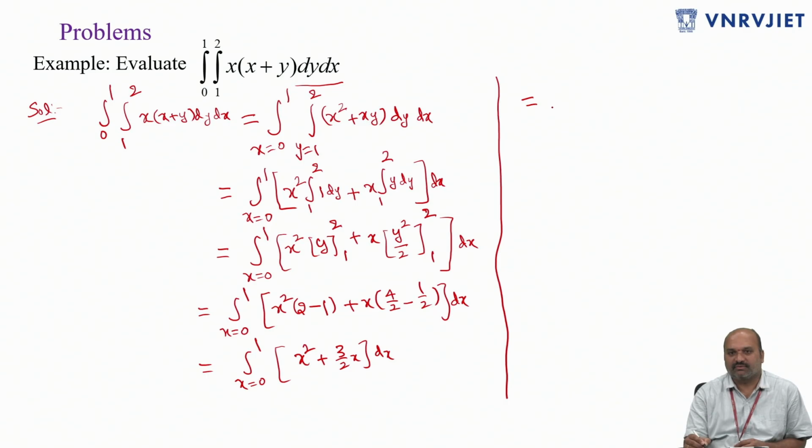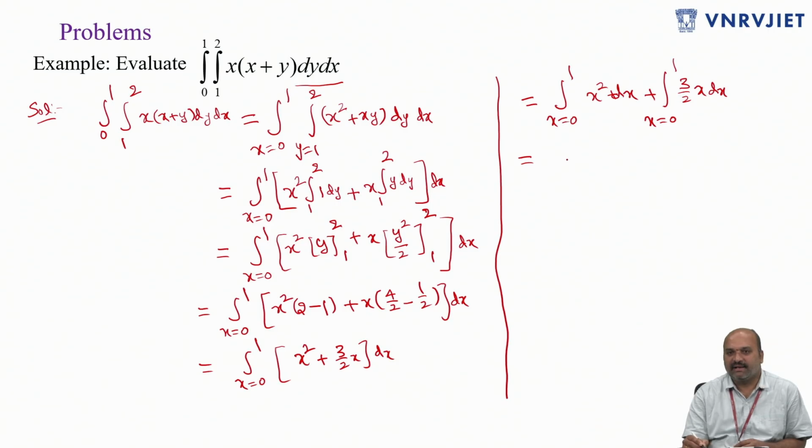See, this is equal to integral x varies from 0 to 1 of x square dx plus, applying the integral to both the terms separately, integral x varies from 0 to 1, 3 by 2, which is constant, into x into dx.